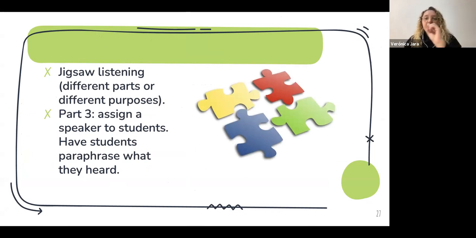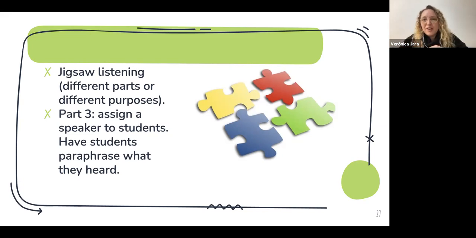Like, okay, Daniel, you listen for this, this, and that, and Medium listens for this, this, and that, but they're listening to the same thing. And then they get together and talk about what they have listened to, in order to raise their awareness of the fact that we have different purposes when we are listening. We don't listen to everything in the same way.